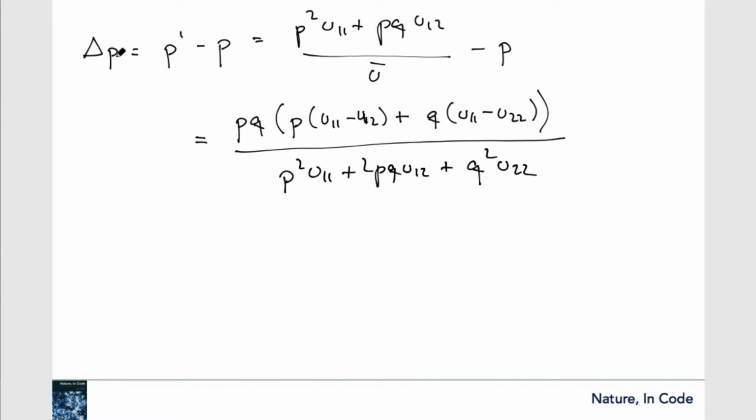If A1 has a low fitness, P will decrease. Like, what's the deal? Is that really all there is? Is it really that simple? And to some extent, the answer here is yes, it is really that simple. But on another level, it is not quite that simple, because it really depends what the fitnesses are of the genotypes.